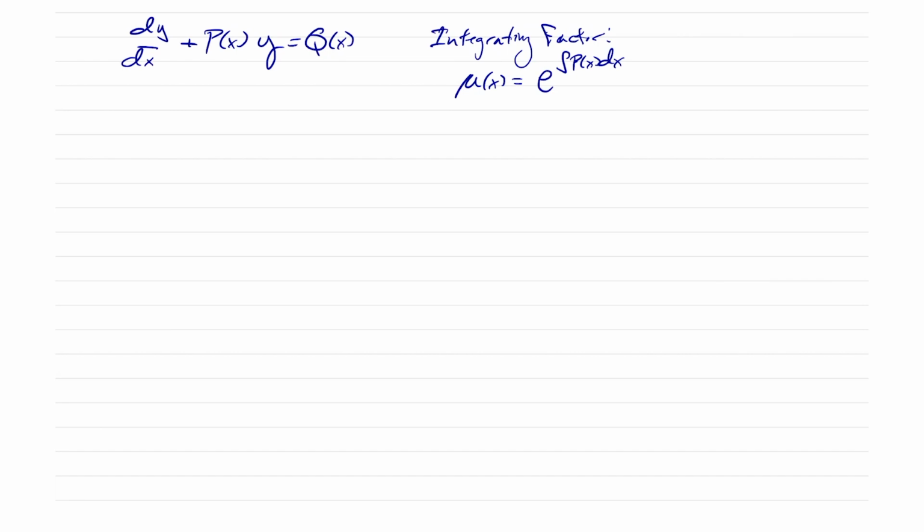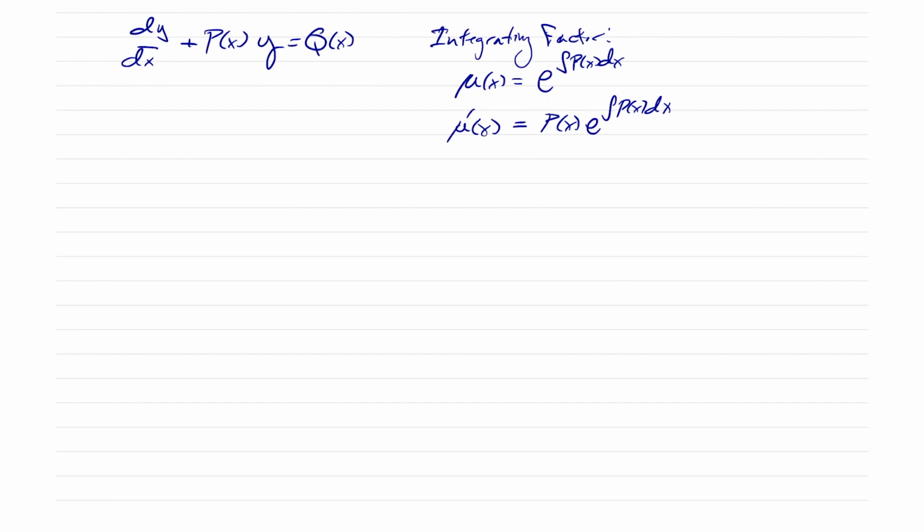And when you do have that as an integrating factor, what you're going to notice is that we have mu of x prime is equal to just p of x times e to the integral of p of x dx. So basically, e sticks around, but then by chain rule, it kicks out the derivative of the integral of p of x. And so that's why that pops out there.